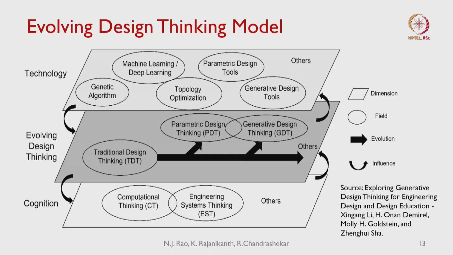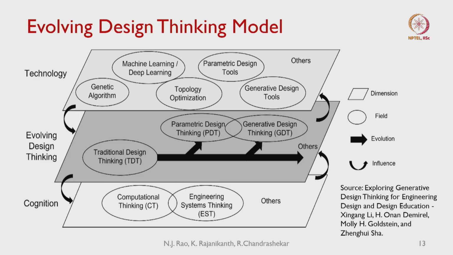One layer is the technology layer: genetic algorithms, machine learning, deep learning including standard neural networks, sophisticated deep neural networks and standard architectures. All these go under machine learning and deep learning, parametric design tools, generative design tools, topology optimizations. There are many other technologies which are developing very rapidly.